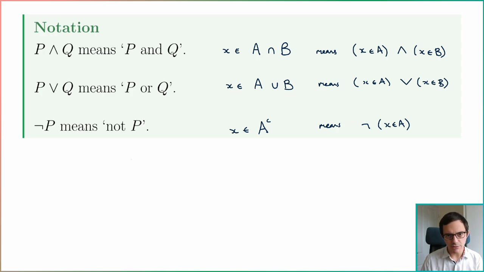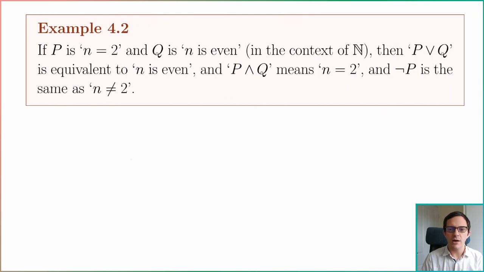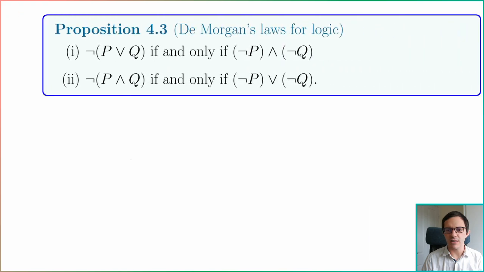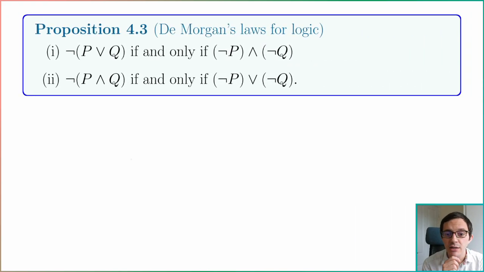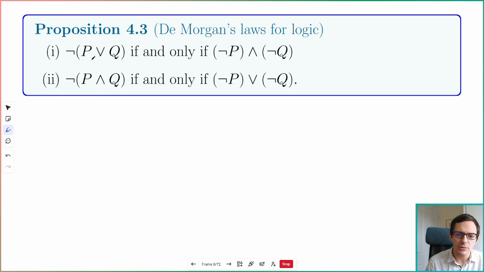I would like to show you De Morgan's laws for logic. We've already seen De Morgan's laws for sets, membership of various sets. There's also De Morgan's laws for logic, which lay out the idea that you can negate the statement P or Q by writing not P and not Q. In words, this says that neither is true.